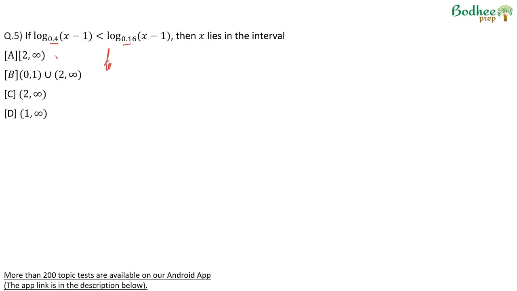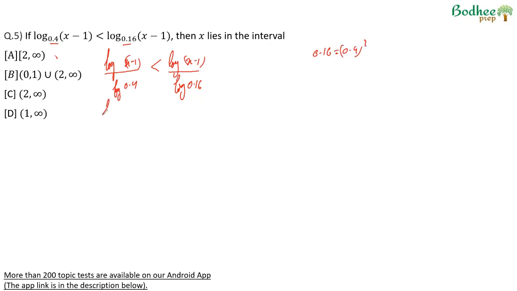Now, this can be written as log of x minus 1 to the base log of 0.4 is less than log of x minus 1 to the base log of 0.16. 0.16 is nothing but 0.4 whole squared.